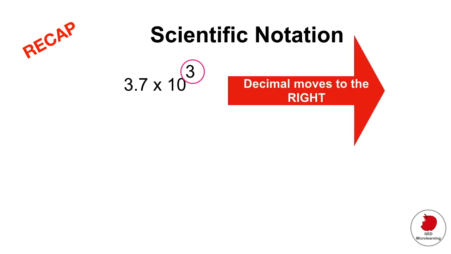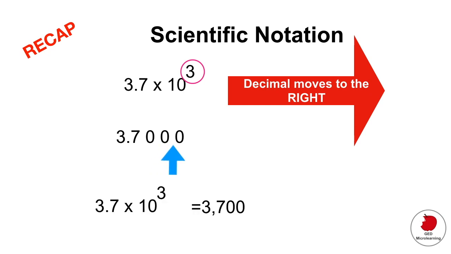So we would move the decimal point 3 spaces to the right. So 1, 2, and 3. So this number is actually equal to 3,700. That's if the exponent is positive.